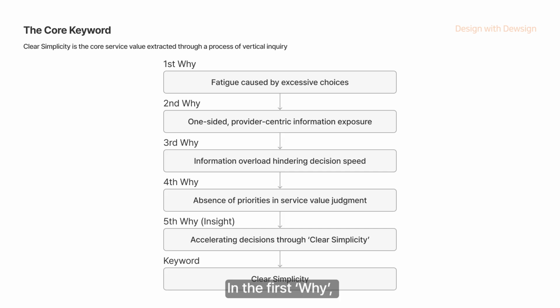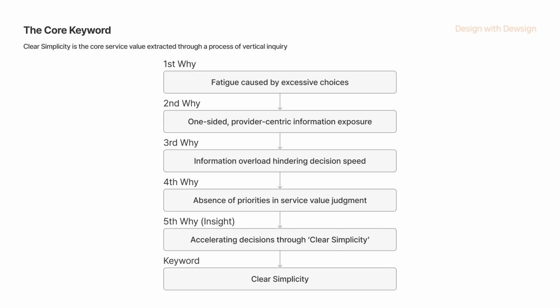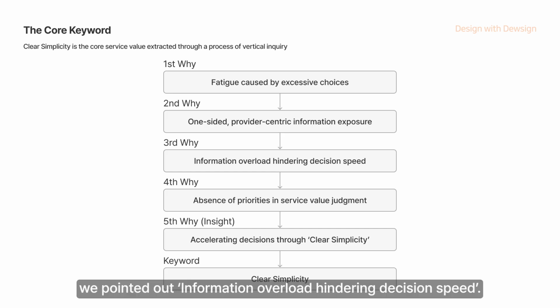In the first why, we identified the fatigue caused by excessive choices. In the second why, we realized the problem was one-sided provider-centric information exposure. Through the third why, we pointed out information overload hindering decision speed.